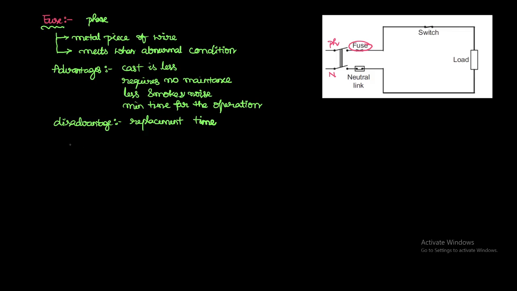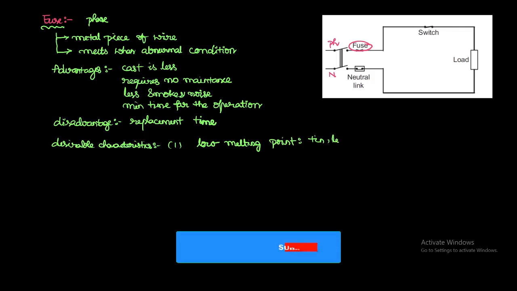Coming to the desirable characteristics of the fuse element, we select a material which has the following characteristics. First, it should have a low melting point. Examples of low melting point materials are tin or lead.